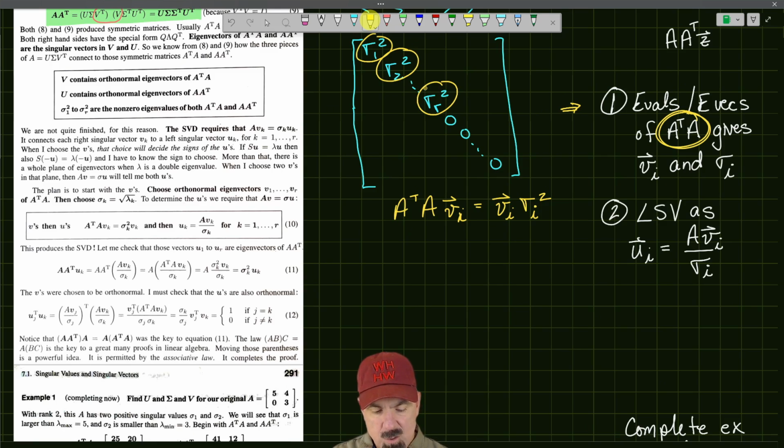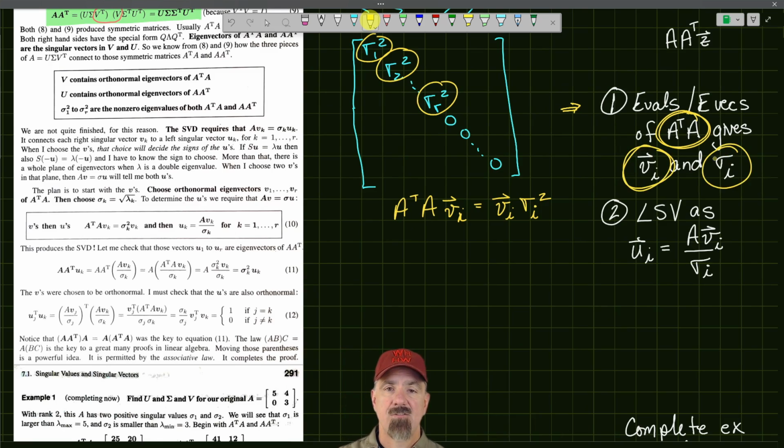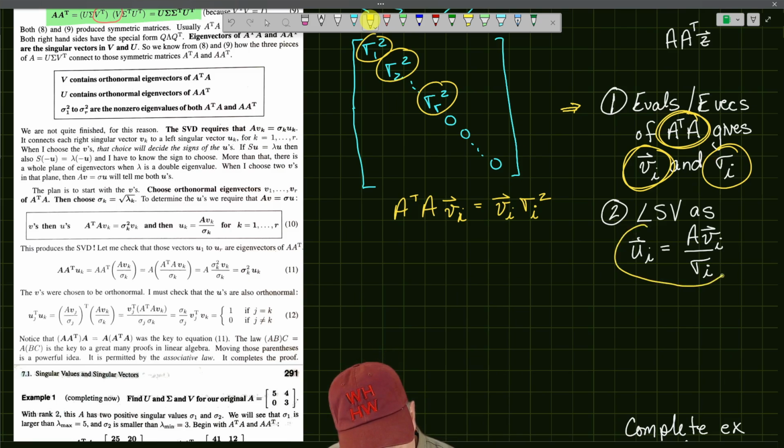So from this, we can gain the information for the right singular vectors and the singular values. Then what we're going to do is just solve directly for the left singular vectors. We're not going to solve the eigenvalue problem twice. It's too much work. What we're going to do instead is make use of this equation here.